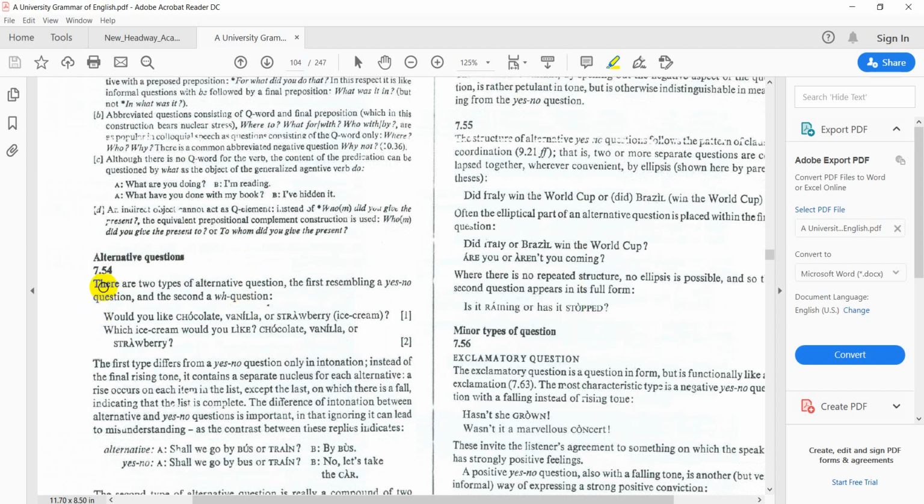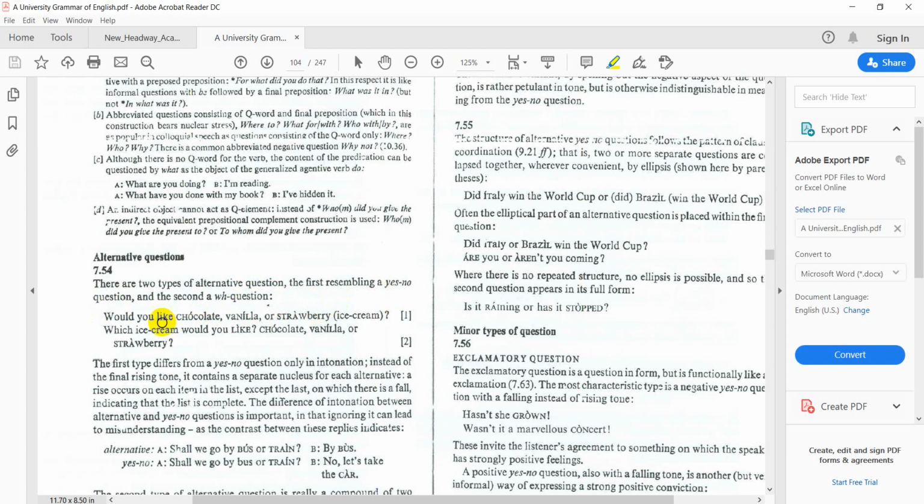Section 7.54. There are two types of alternative questions. The first resembles a yes-no question, and the second a WH question. How is that?